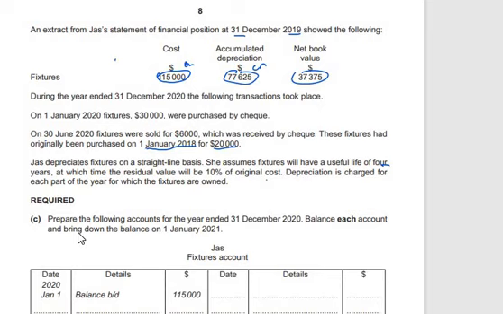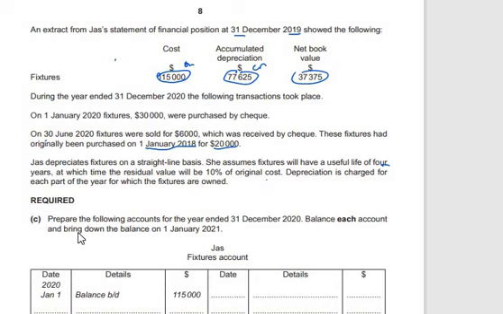This information is very important because it shows you whether the depreciation is taking place for the whole period the asset is held in the business. Sometimes they can tell you that there is depreciation in the year of purchase, none in the year of sale, or vice versa. So now we know that the depreciation is charged for each part of the year for which the assets are owned.